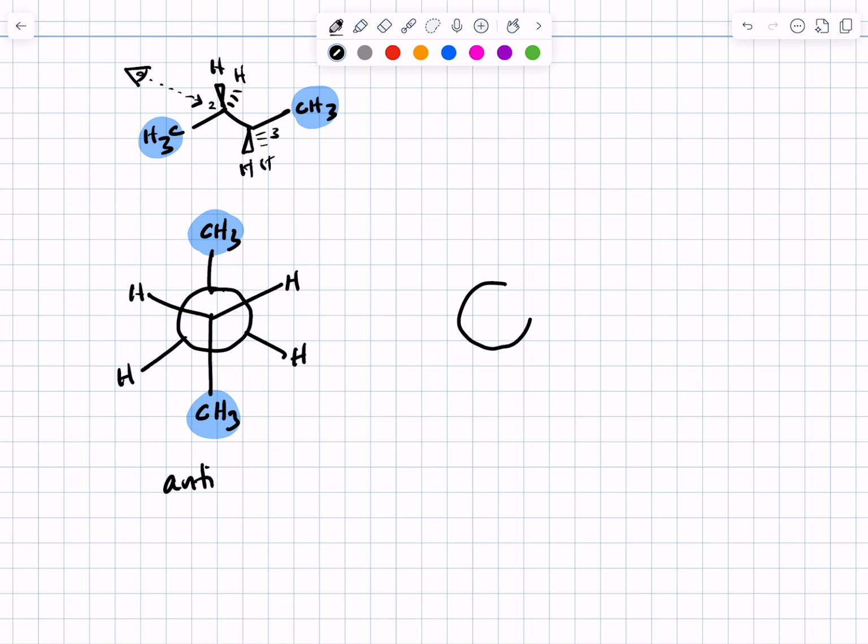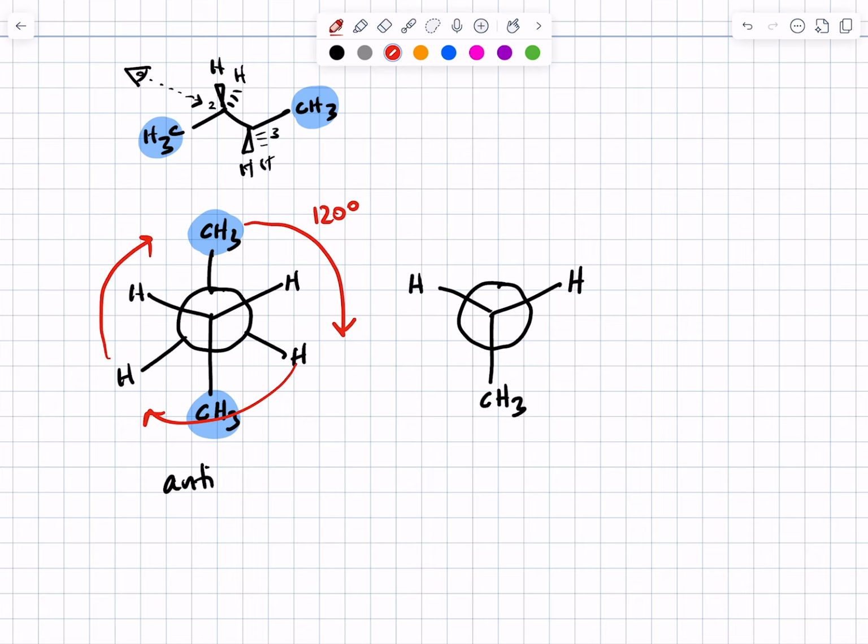So the gauche conformation, to do this, you can keep one of the two carbons, 1 or 2, the same, and then imagine twisting the other carbon. And what you're going to do to convert one staggered conformation to another is imagine rotating each of those groups in the back 120 degrees so that they exchange positions.